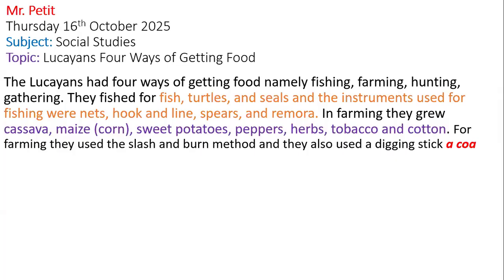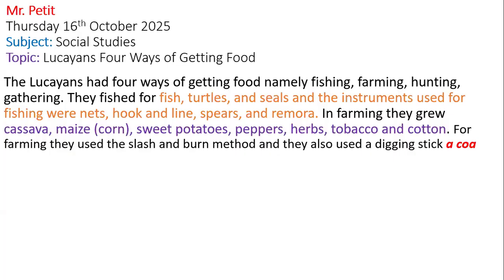It's a way to add minerals to the soil and to revitalize it if you want to begin farming on that area. They also use a digging stick. What was the name of that digging stick? Coea. Very good.